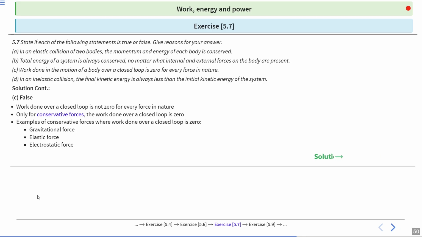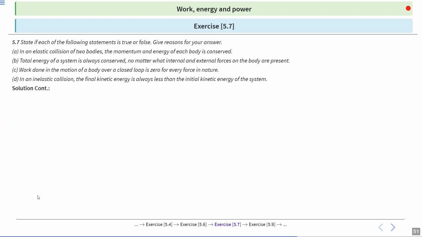Remember this point. Always zero. So if we talk about C, the work done in the motion of a body over a closed loop is zero for every force in nature.